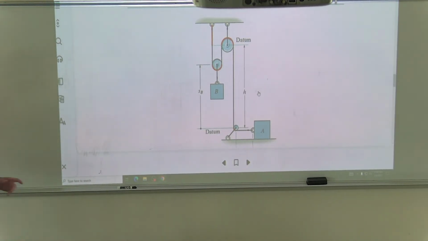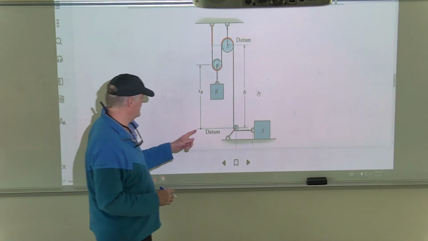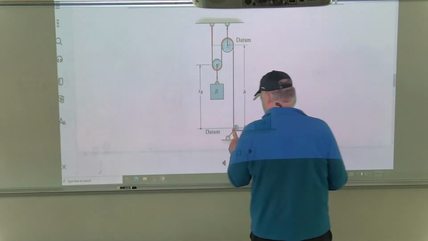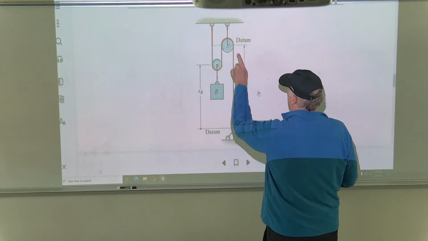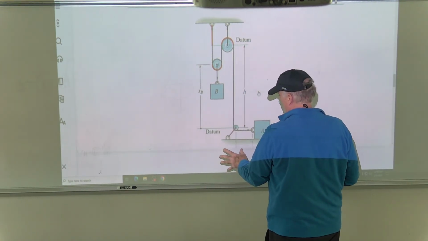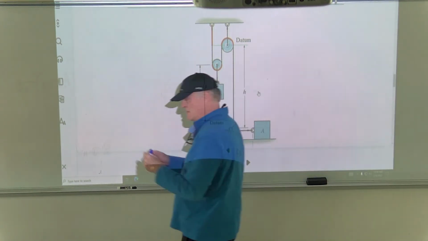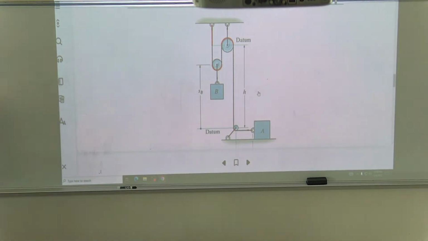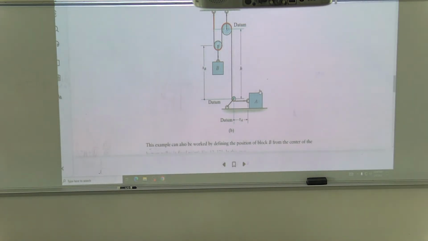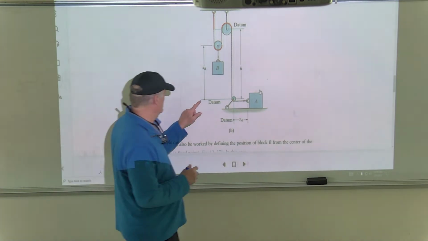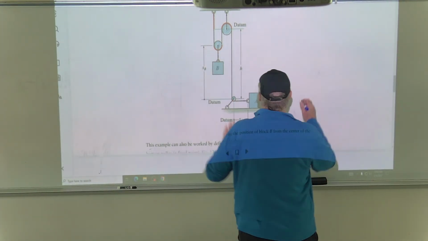He decides that he wants his datum. Okay, the other one you notice, it didn't have to match. But this time, let me shrink the screen down a little bit. The same exact picture, but now he's done his datum from here for this block.